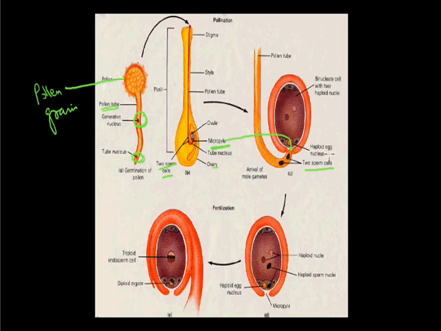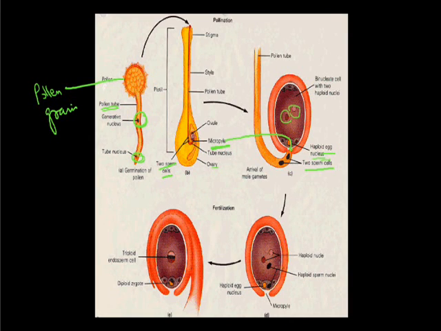Now these two sperm cells will be transferred inside the ovule, and the next step will follow. The internal structure is like this. This is a binucleate cell with two haploid nuclei, and this is the haploid egg nucleus.